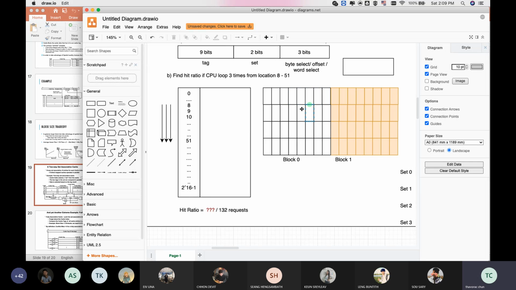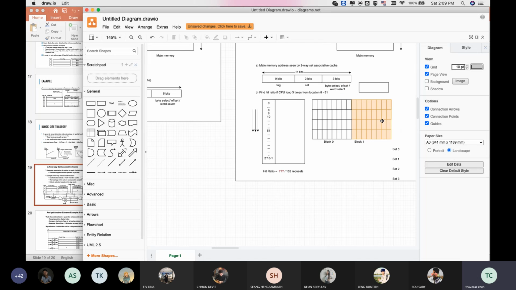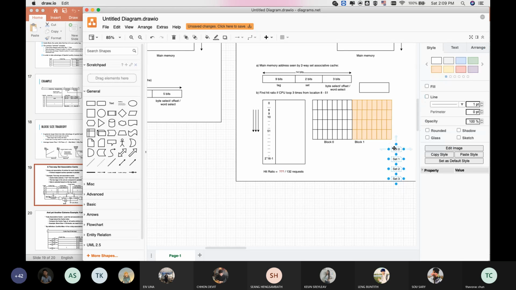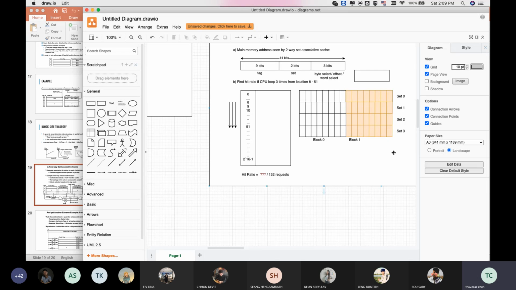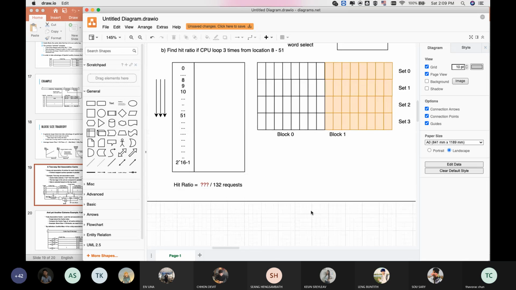This is for block 1 in set 0. This is for block 0 in set 1, and this is for block 1 in set 2. Let me know if you cannot catch up with me. Okay, like this.